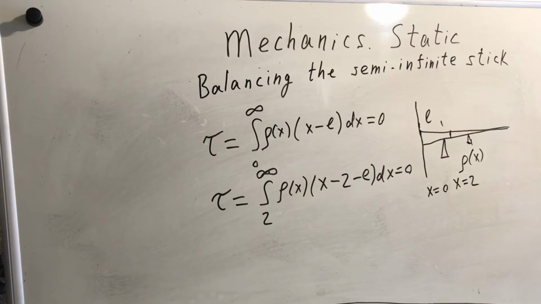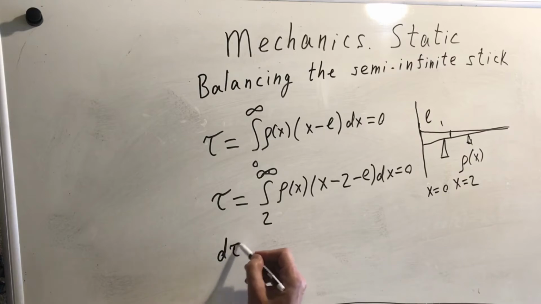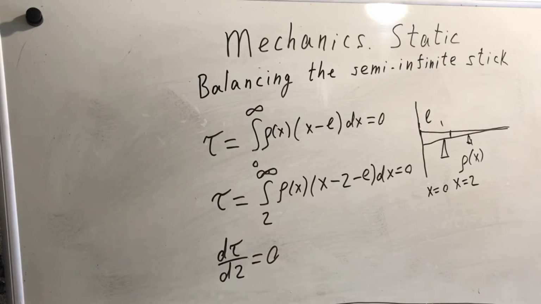Now to solve this problem, we just need to take the first derivative of this expression with respect to z, so d torque over dz equals 0. And how do we take the derivative of an integral?